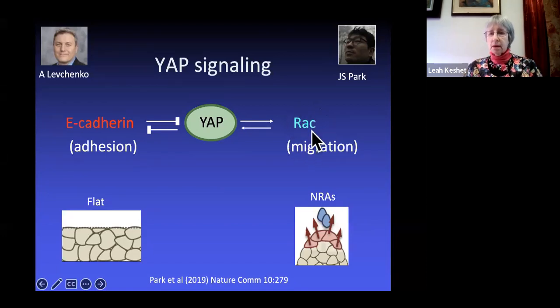By the way, Rac is the same kind of GTPase that I discussed earlier. And there's an internal mechanosensitive protein that sits in the middle, controlling adhesion of the cells as well as motility.